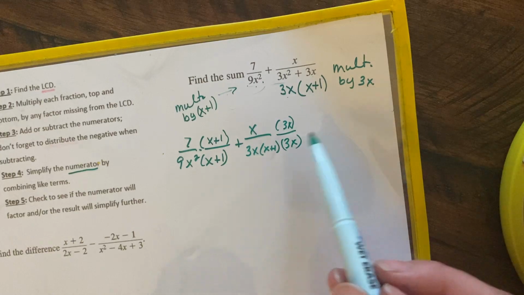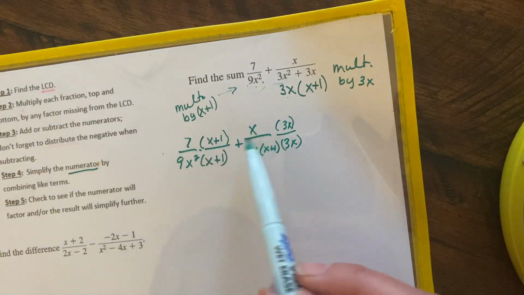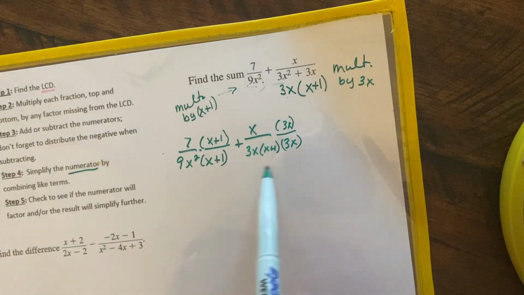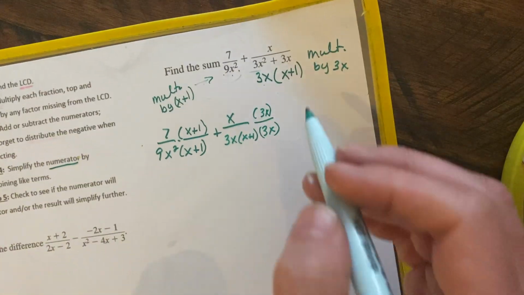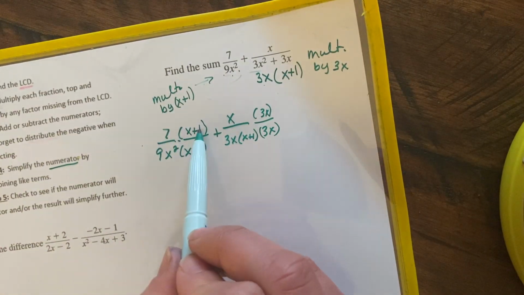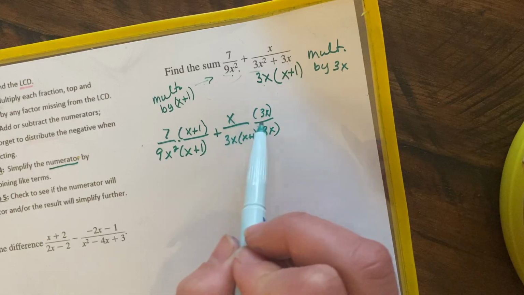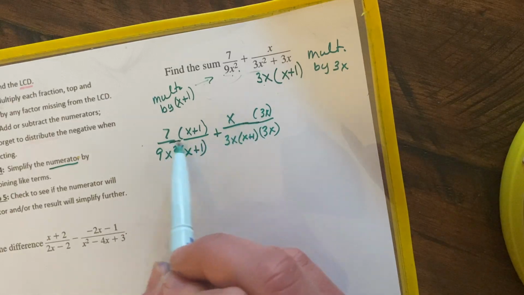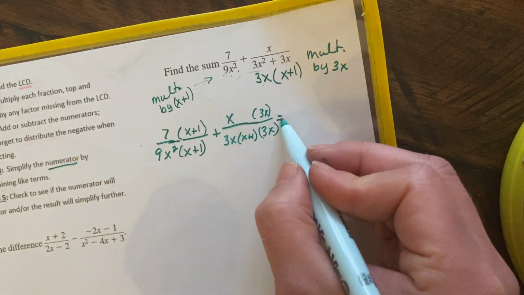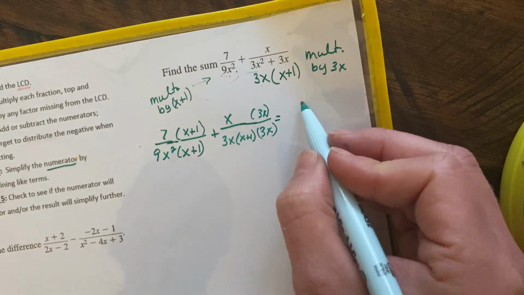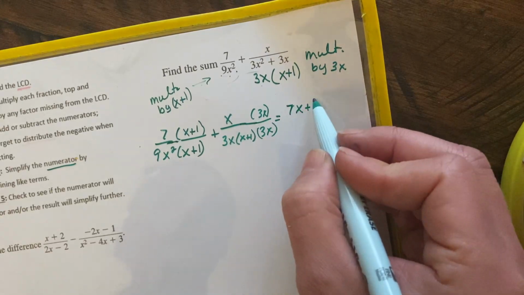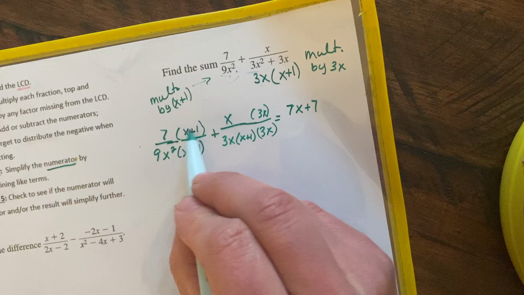All right, so once you have that, and now only in the numerators, not the denominators, you're going to want to distribute, if you can, anything that can be multiplied out. So when I simplify this side, I'm going to get 7x plus 7, because I'm going to multiply it to both.